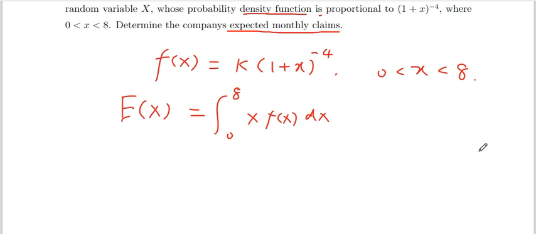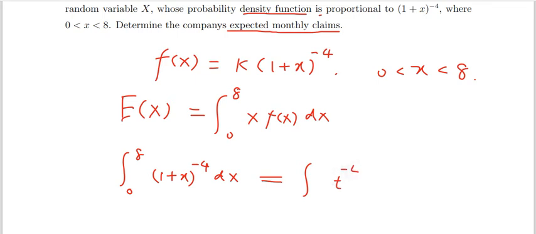At first we just need to find this k, right? The integration equals 1, so we check the integral from 0 to 8 of (1 plus x)^(-4) dx. We use substitution: let 1 plus x equal t, so t goes from 1 to 9, right?